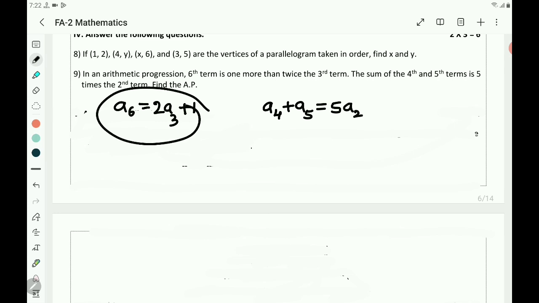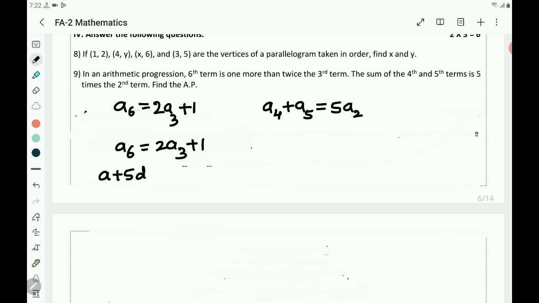Then you take this relation, A6 equals 2A3 plus 1. A6 means A plus 5D equals 2 into A3, which means A plus 2D, plus 1.